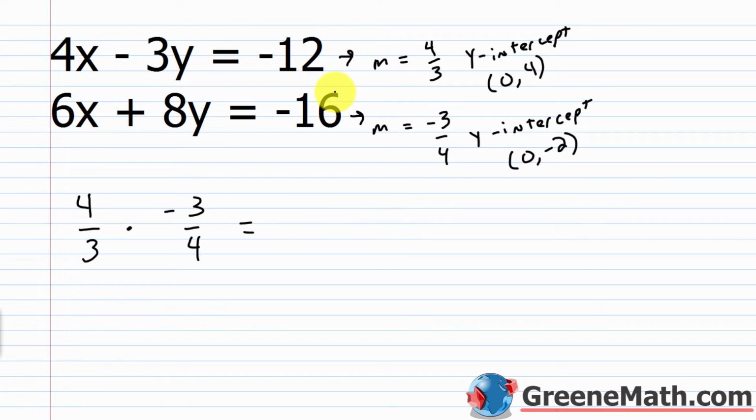So you can see that you would, right? Because this 4 would cancel with this 4, 4 over 4 is 1. This 3 would cancel with this 3, 3 over 3 is 1. But I'm left with this negative here, right? So I'd end up with 1 times negative 1, or just really everything canceling except for a negative 1. And that would be my solution here, right? The product of the two slopes would in fact be negative 1. So we do have perpendicular lines.